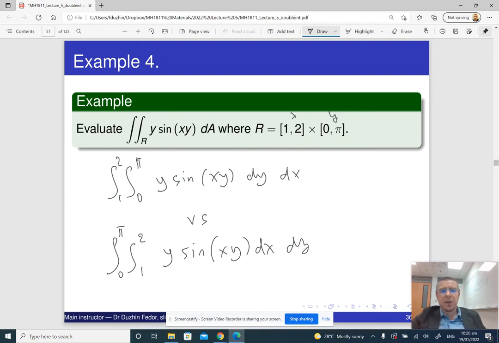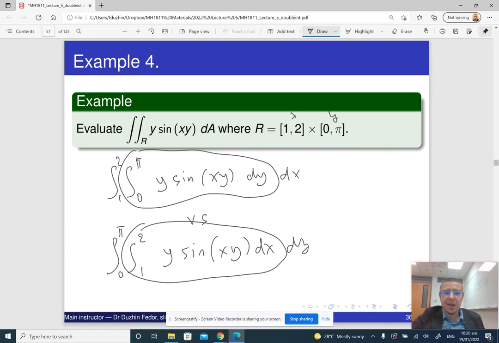And unlike in the first three examples, here the order of integration actually matters, because of which integral is easier to calculate. Is it easier to compute this integral or this integral? I noticed that in the first of them, you will integrate something like y times sine of xy with respect to y, which means you will have to do integration by parts.